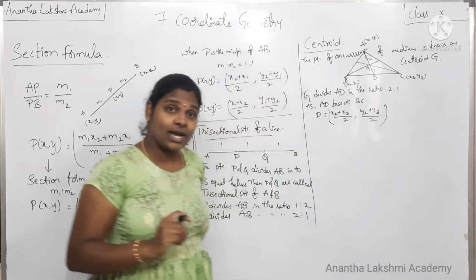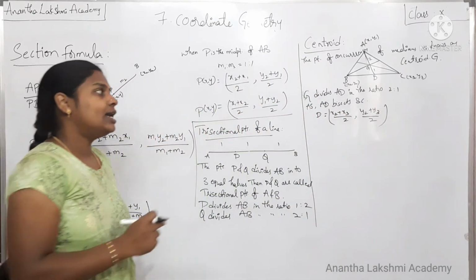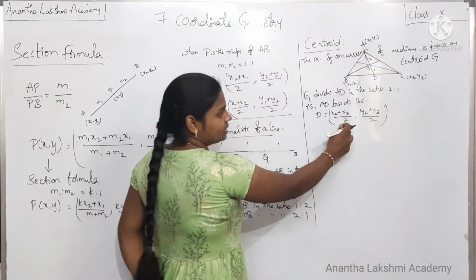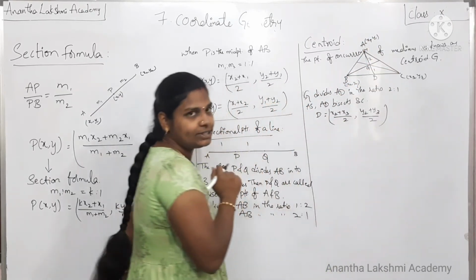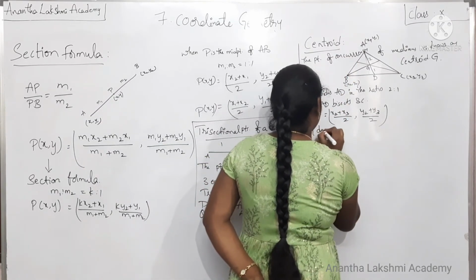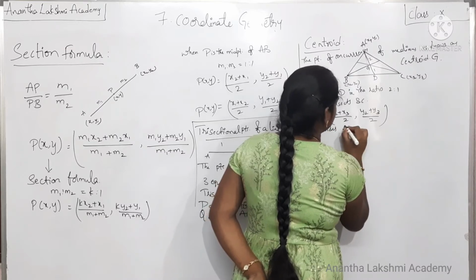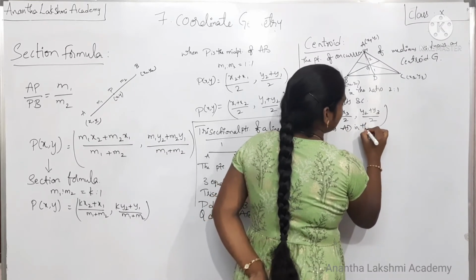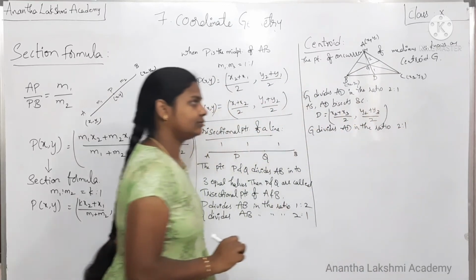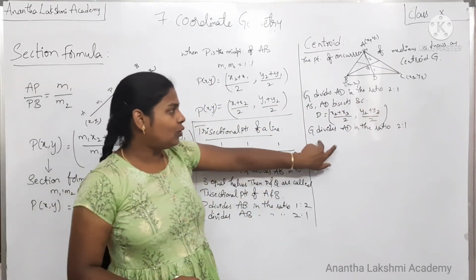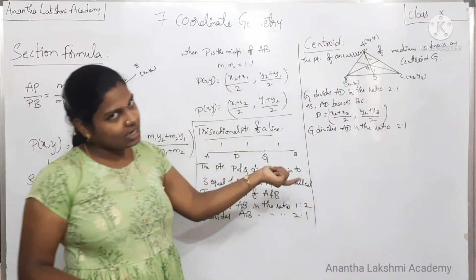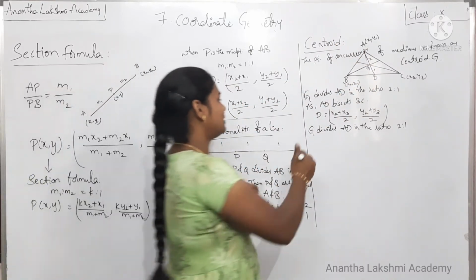Now, what do we need to find out? We need to know the centroid. Now, we know A, x1, y1, and D, x2 plus x3 by 2, y2 plus y3 by 2. G divides AD in the ratio 2:1. So, now that you know A, D and the ratio, can we figure out G using the section formula? Yes.